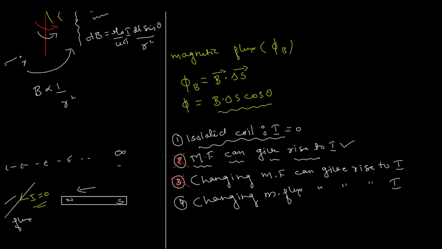It's actually correct, but is magnetic field alone enough? I shouldn't have completely struck it off, because magnetic field can in fact give rise to current. So it's not completely wrong, statement number 2. But the thing is, it's not just the magnetic field which is going to be enough. Then I realized that maybe a changing magnetic field we need, and it turns out that is also not true. What we finally concluded from our observation is that you need a changing magnetic flux to have current.